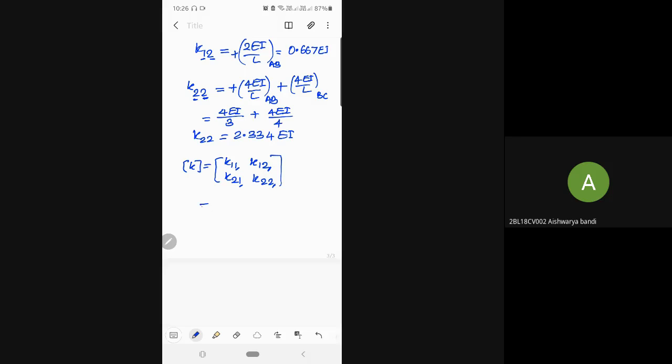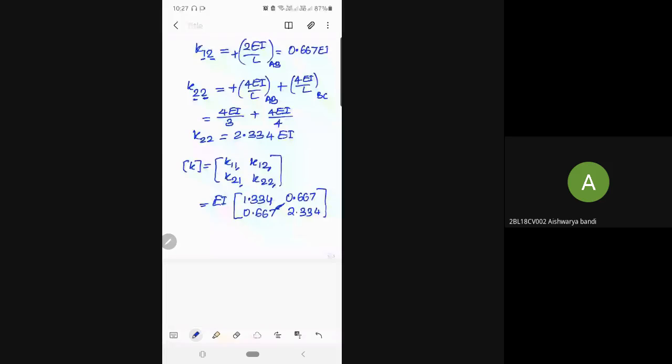Clear? So if I substitute that, I can take EI outside. What I get is 1.334 and 0.667 in the first column, and 0.667 and 2.334 in the second.